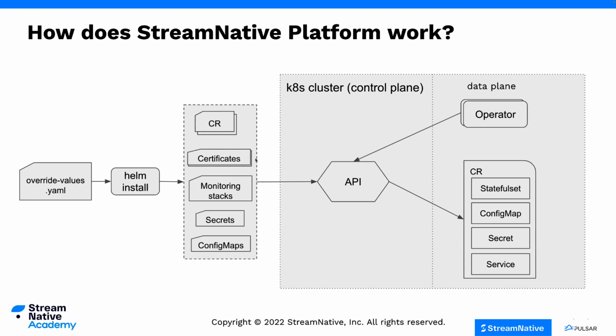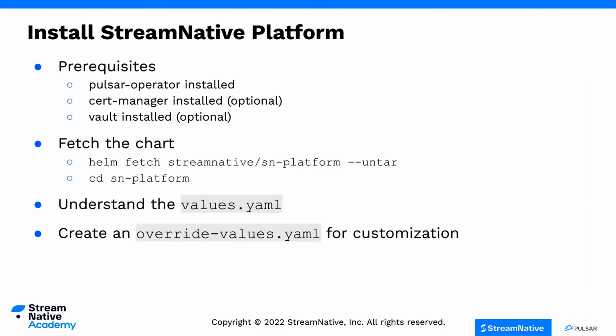There's a certificate for TLS. There's monitoring tools. There's a secret. There's other config maps, right? And you talk to the API, then you get all the things happening. If you need Prometheus, it auto-generates. If you need Vault, it auto-generates. If you want to set up TLS, or set up Istio service mesh, you can do that.